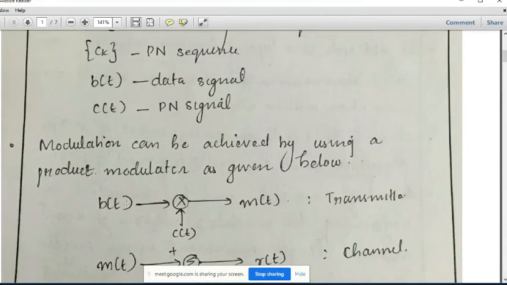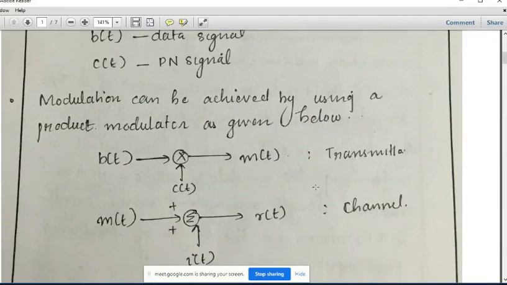Here b(t) is the data signal, a narrowband signal. It goes to a product modulator which is supplied by the PN signal c(t). At the output of the product modulator, we get m(t), our spread signal, which is a wideband signal. This shows the transmitter side operation.